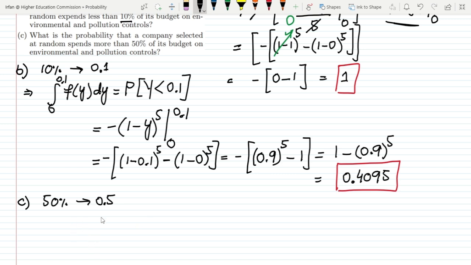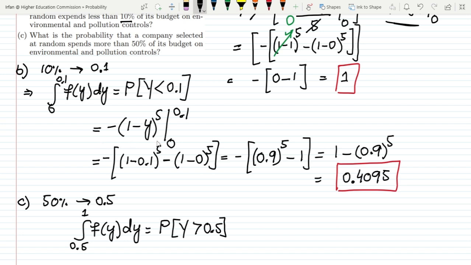Taking this as the lower range, the maximum range here is 1, and again taking the same f of y dy, it will be the probability that expenditure is greater than 0.5. So this is what we have to find.